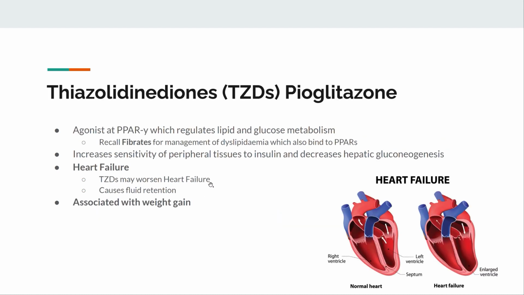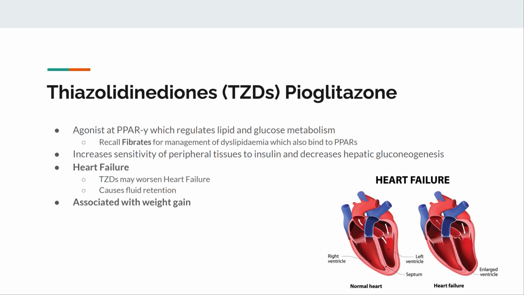Thiazolidinediones, which I think are just going to be phased out, include pioglitazone. They're an agonist against peroxisome proliferator-activated receptor gamma, PPAR-gamma, and that is a gene that controls a family of genes that regulate lipid and glucose metabolism.